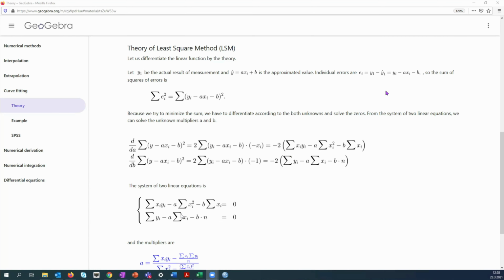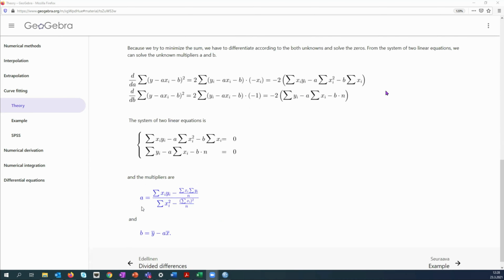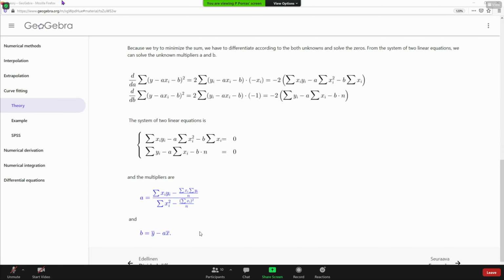So if you solve this system of two linear equations, you get the formulas for A and B separately. This is something you can do by yourself. It's very easy. So the formulas look like this. This is just for the linear case.